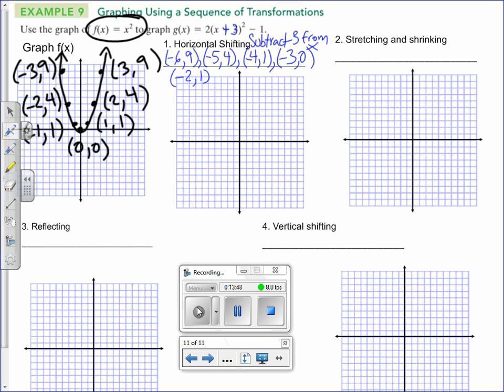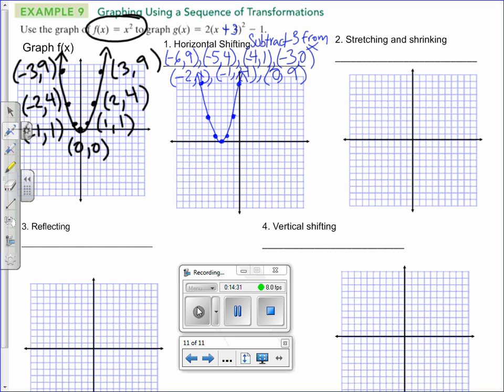We will also have points -1, 4, and the last one will be 0, 9. So let's go ahead and plot those points. And so that is our horizontal shifting.